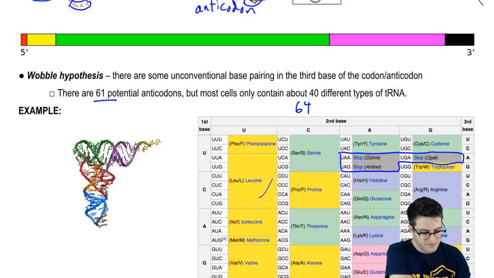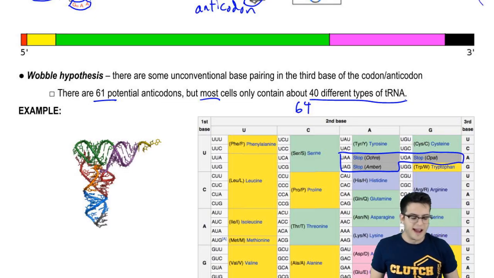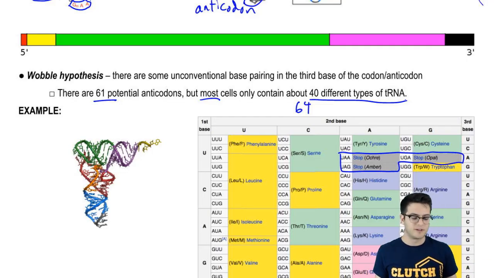So we have 61 codons. That means that there would be 61 potential anticodons, or 61 different types of tRNA that could be found in a cell. However, most cells only have about 40 different types of tRNA. So, how can we have all these 61 different codons, but only 40 tRNAs to translate them?